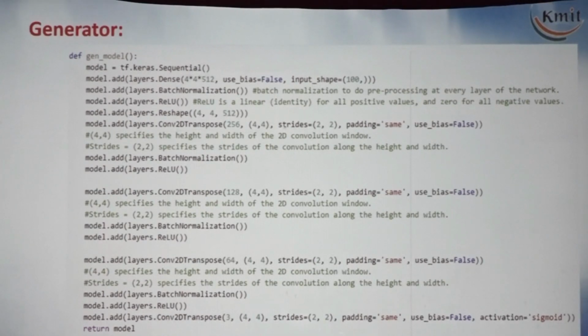I struggled for 1.5 days to find out what the problem was. There was a difference between the number of channels in the discriminator and generator. That was the only problem.